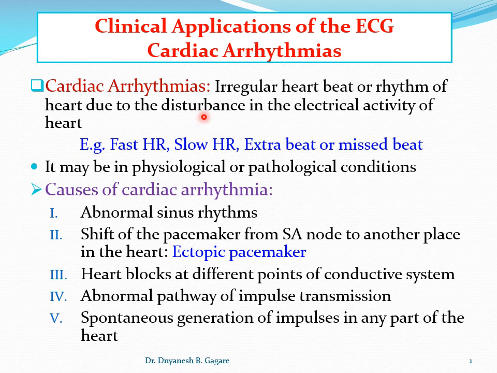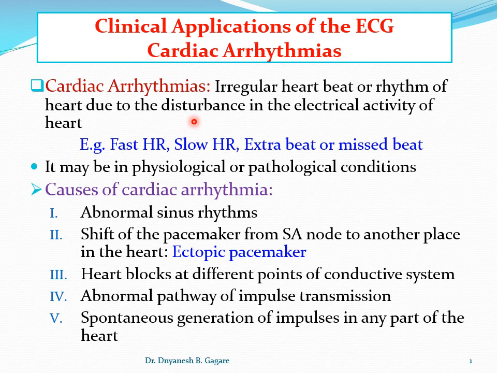Arrhythmia means irregular heartbeat or rhythm of the heart due to disturbance in electrical activity of the heart, and it is called cardiac arrhythmia. What is that disturbance? There may be a problem in production of impulses by the SA node.